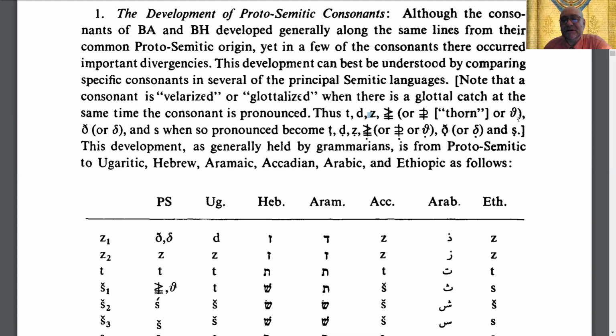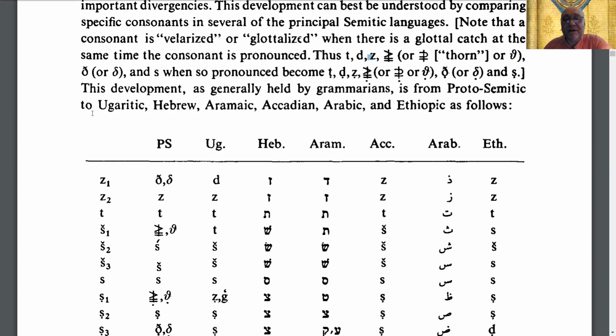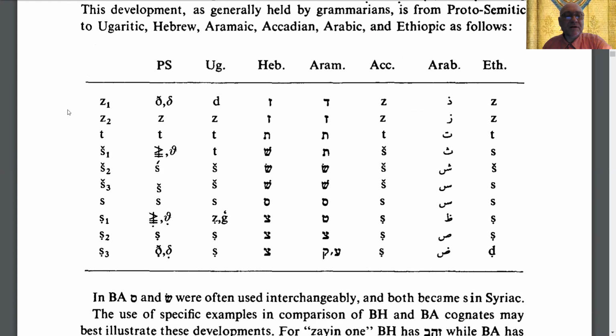Or we've got some of these symbols here. And S, when so pronounced, become TDZ, and so on here. This development, as generally held by grammarians, is from Proto-Semitic to Ugaritic, Hebrew, Aramaic, Akkadian, Arabic, and Ethiopic as follows.